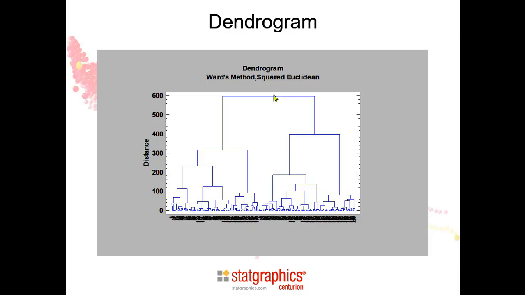The vertical axis shows the distance between the clusters when they were combined. Initially, as individuals were first paired with others, the distance between them was very small. By the time we reduced the number of clusters from 2 down to 1, that's the join at the very top, the distance was about 600.